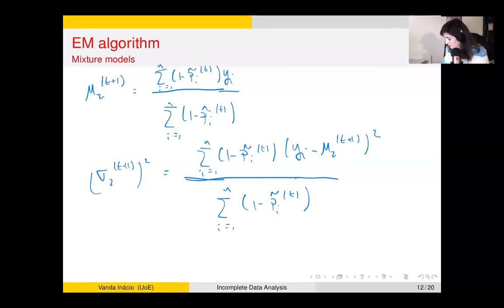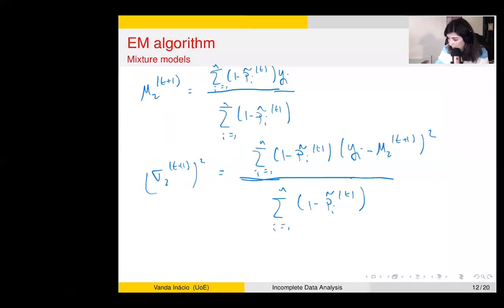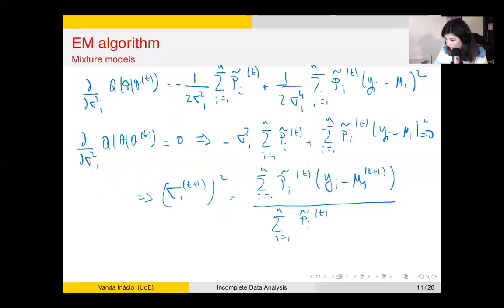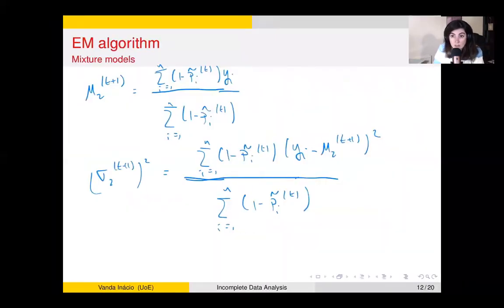I think they are correct. Yes, that's it. Sorry, here the square is missing. It came from here. Okay, that's it now.